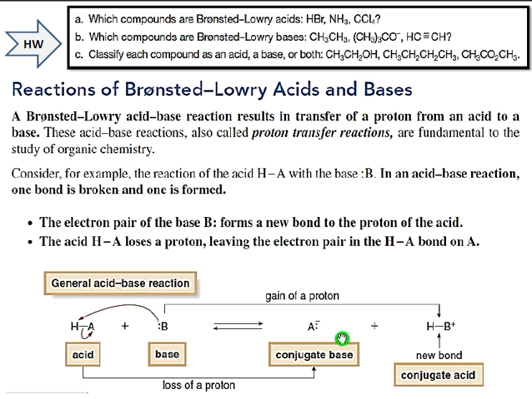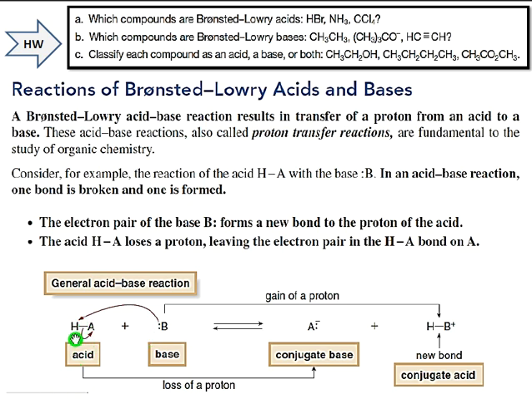And here are the examples. Again, the reaction of acid and base B. This is the base. Look at the base, there is a lone pair of electrons. The electron pair of the base forms a new bond to the proton of an acid. This base makes a new bond with this proton. And here the bond to the proton in this acid will be broken, and the proton will be transferred to the base.